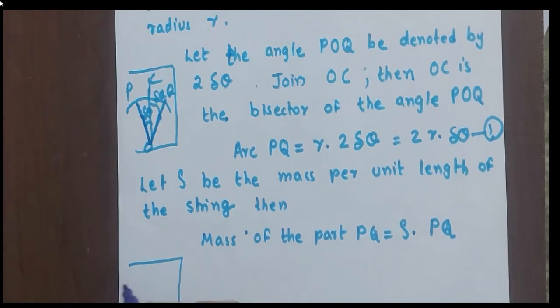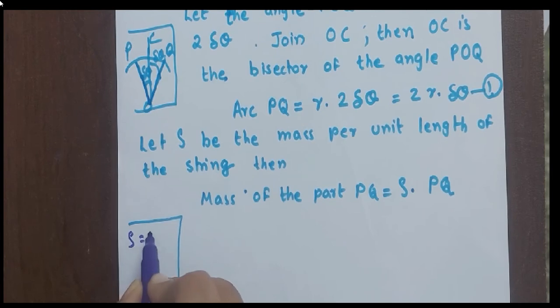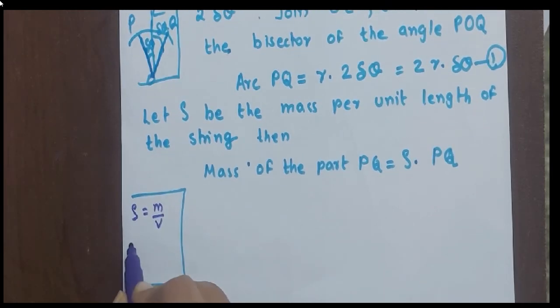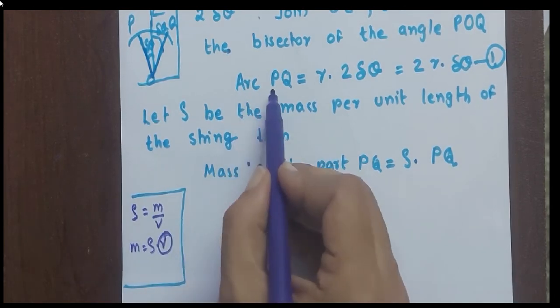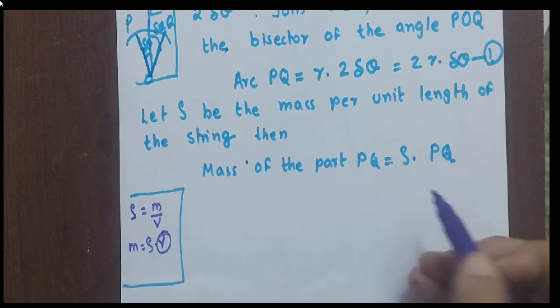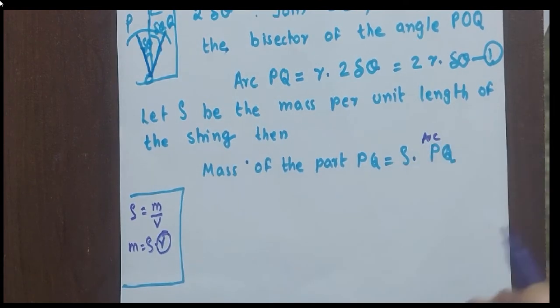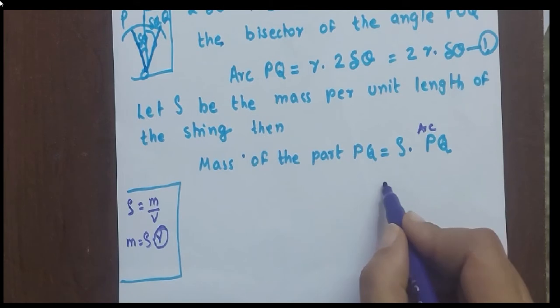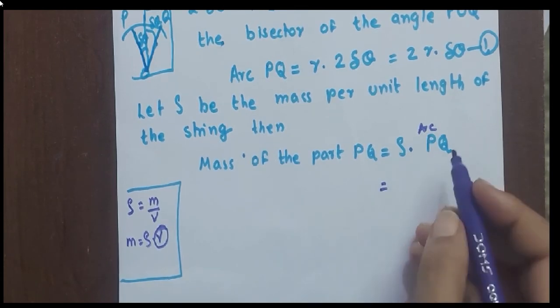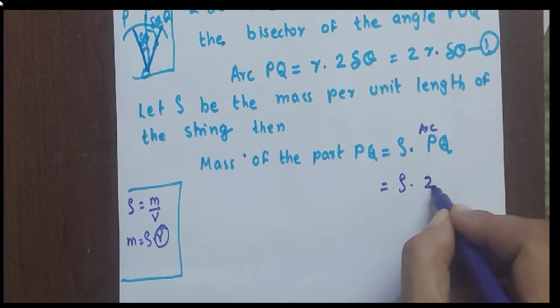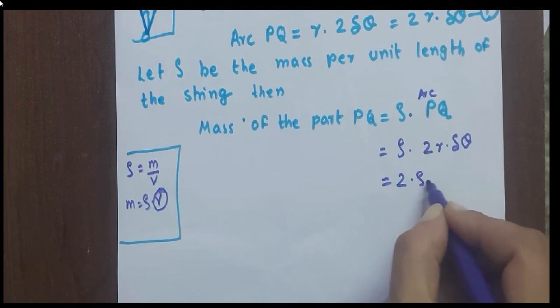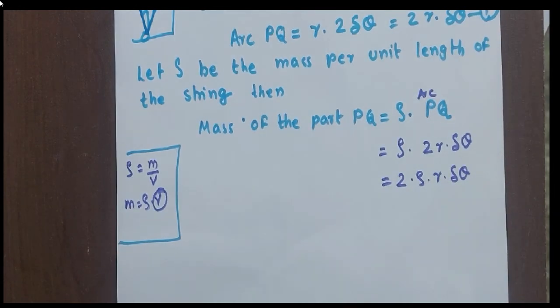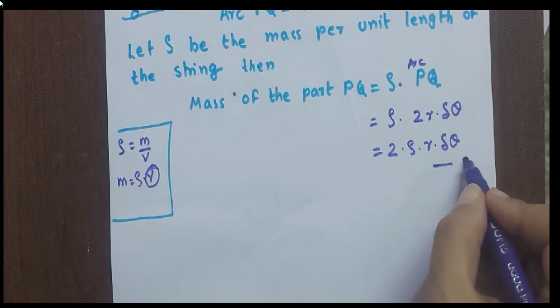As we already know, density rho is mass upon volume, therefore mass is density into volume. We get this from arc PQ, which is 2R del theta. So the mass is 2 rho R del theta. Equation number 2.